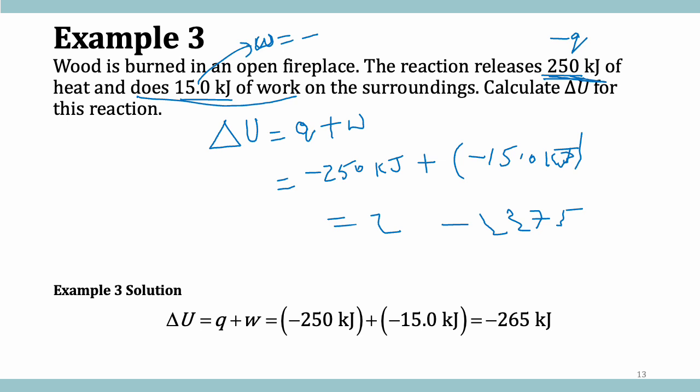That makes sense because the system is doing the work and the system is releasing the heat. So overall energy of the system should go down. That is why my internal energy change is negative.